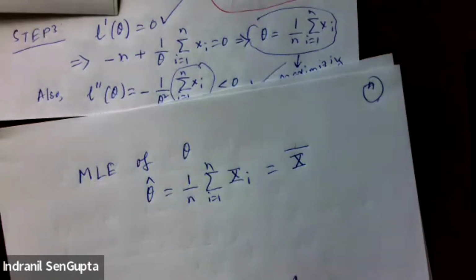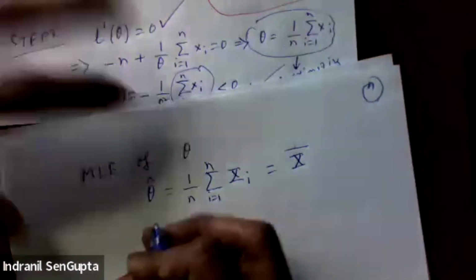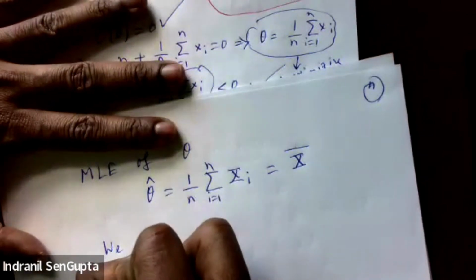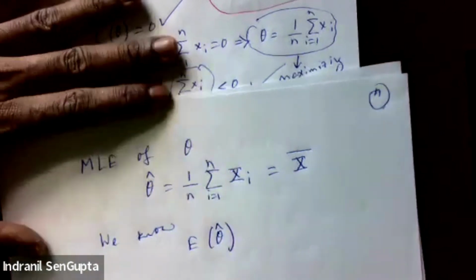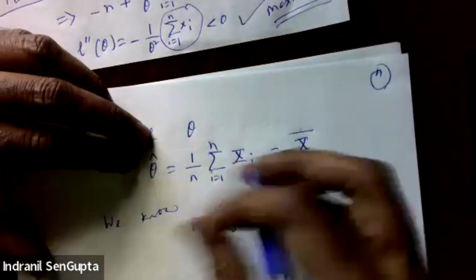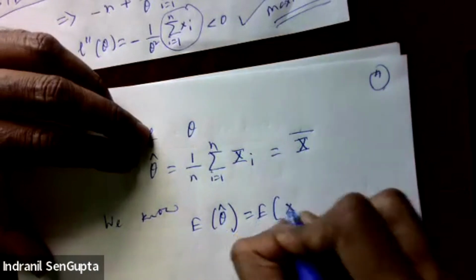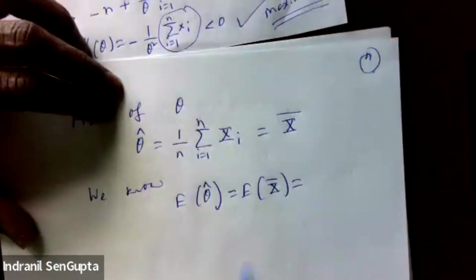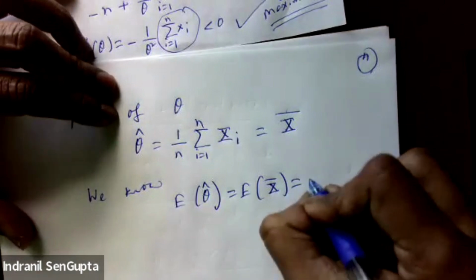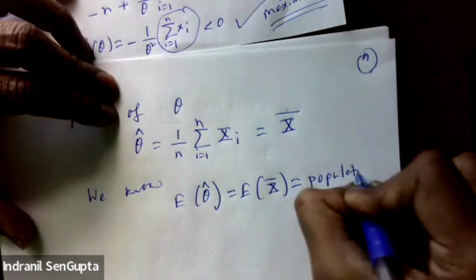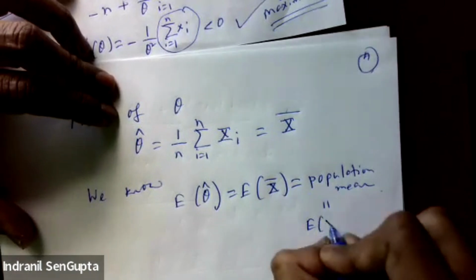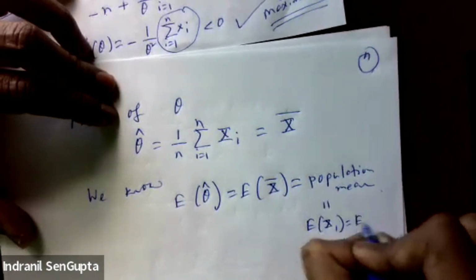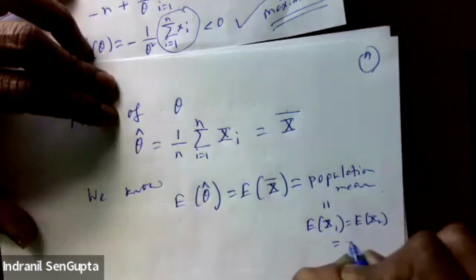The second part says to show that it's an unbiased estimator. Well, we know E of theta hat, which is really E of X bar. The sample mean is equal to the population mean, which is the same as E of X1, E of X2, and so on.